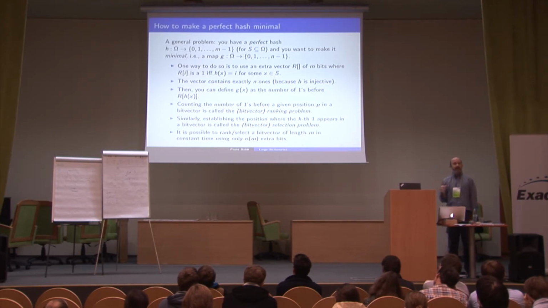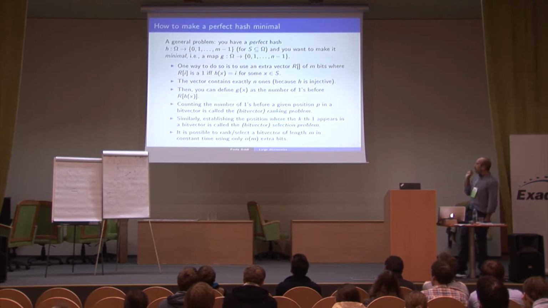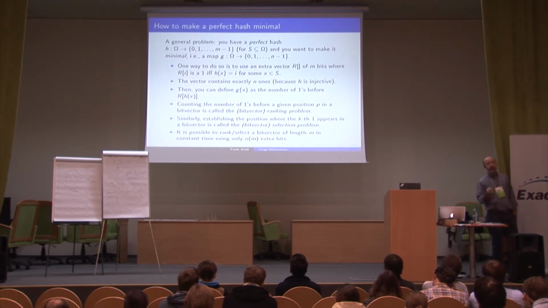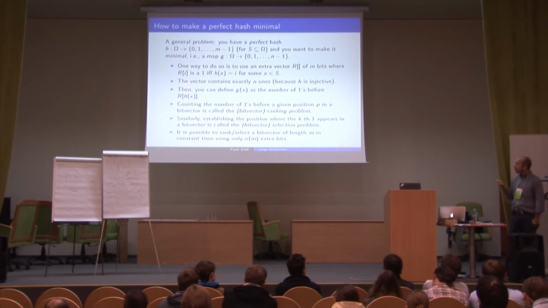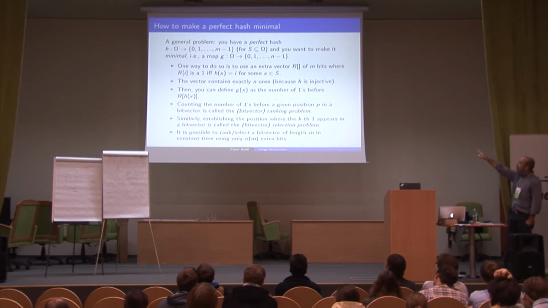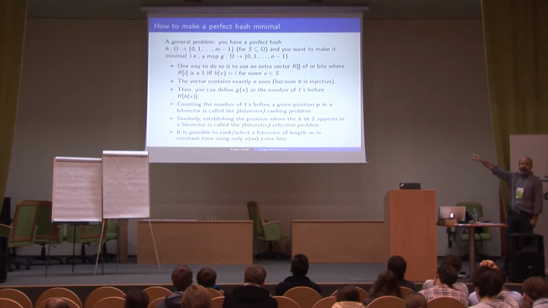Constant time means that the time is going to be independent from the length of the vector, and that use only small o of the length of the vector extra bits. So essentially, if I give you a perfect hash function, you can turn it into a minimal perfect hash function by using only small o of m bits, where m is the range of the original function, and in constant time.